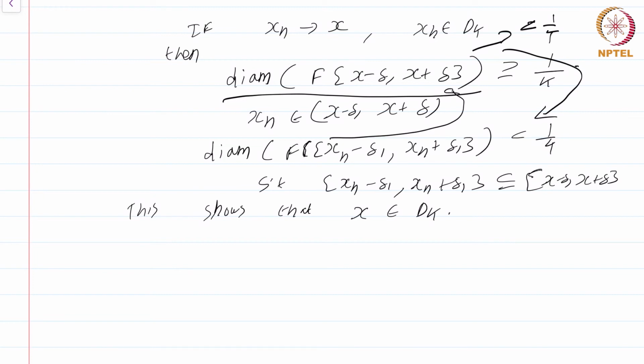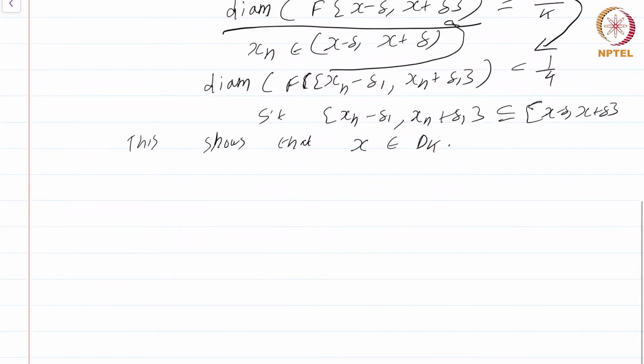Okay, so this shows, and in fact that's done. I don't even have to write anymore. So each D_k is closed, and we are done. That was a rather easy proof. All we had to observe was that these oscillations behave nicely with respect to taking limits.